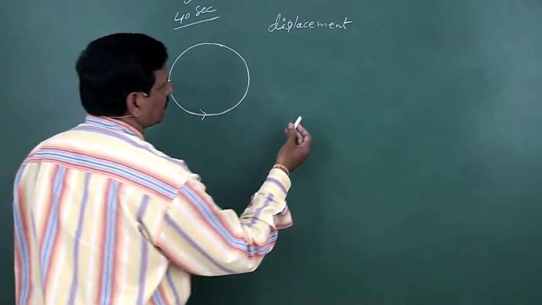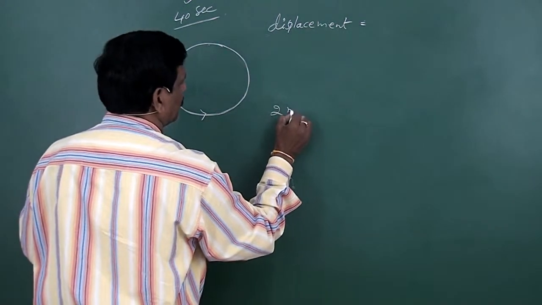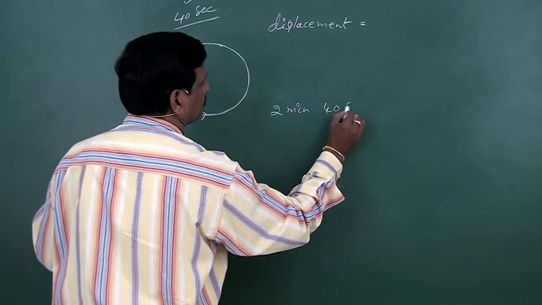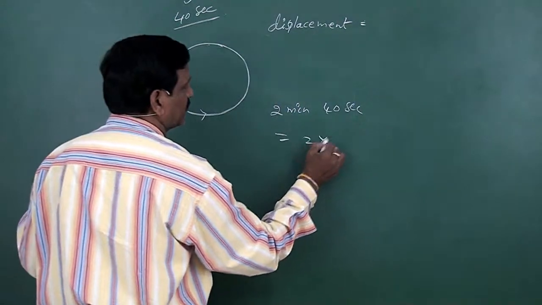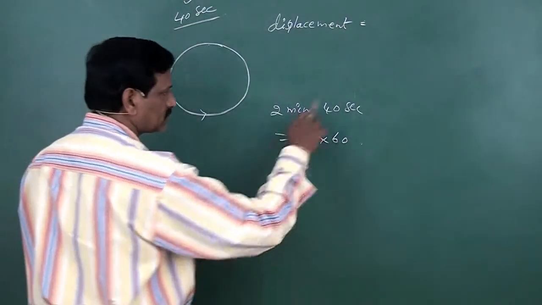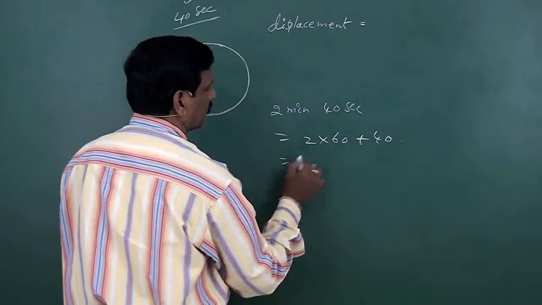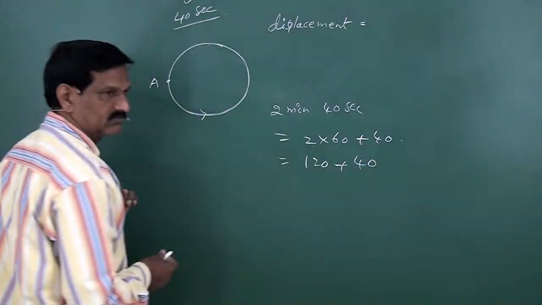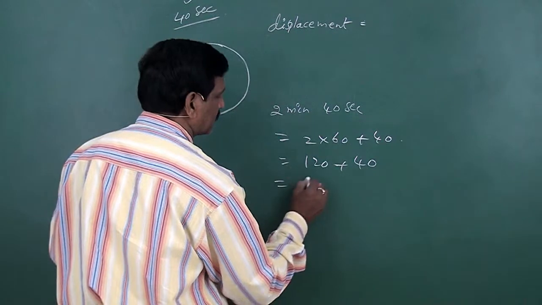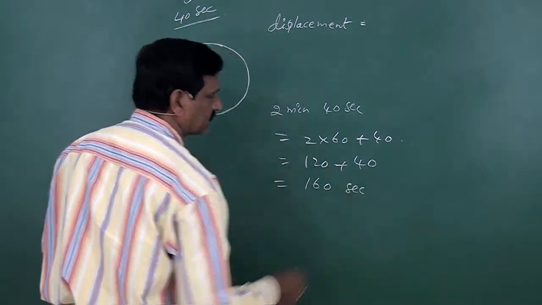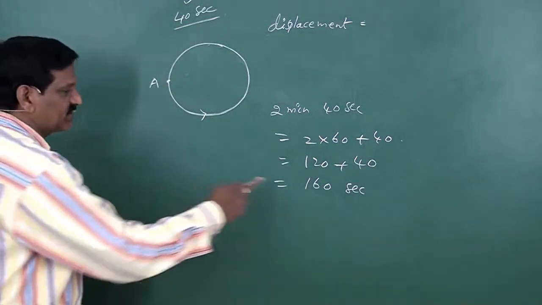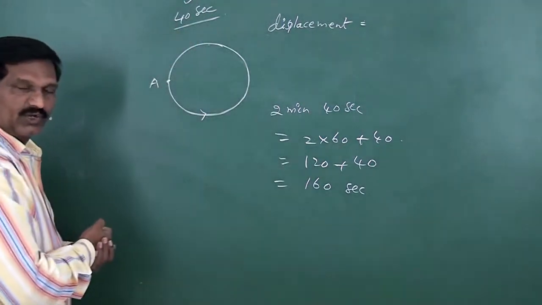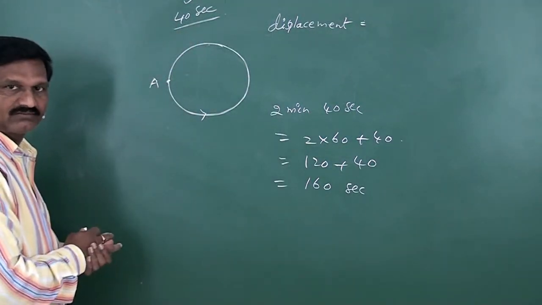2 minutes 40 seconds means 2 into 60 seconds plus 40 seconds. 2 into 60 means 120 plus 40, that is 160 seconds. When this is divided by 40, you get the number of trips first of all.